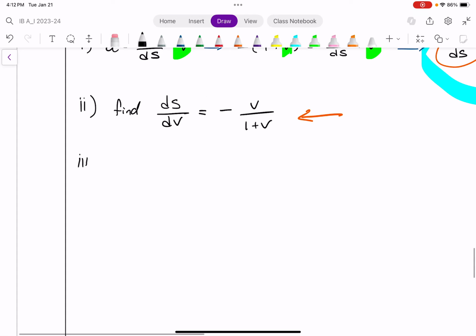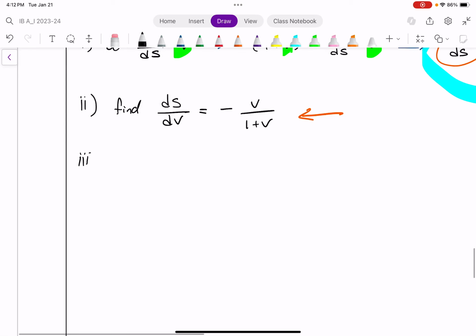So for part 3, in this case, the indefinite integral of ds/dv with respect to dv will tell me the position function.